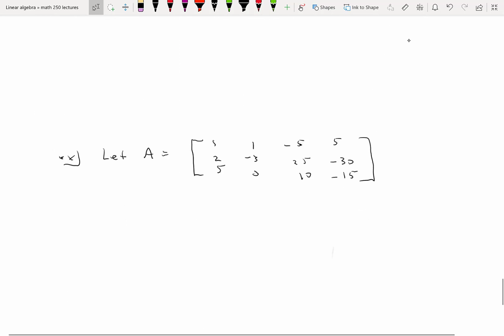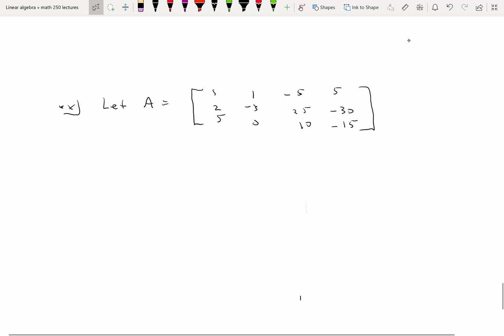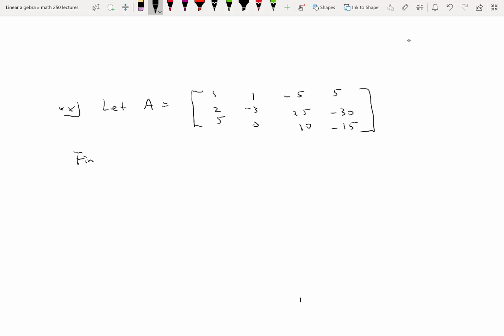For example, let A be the same matrix we had before, the same matrix we used to find the null space. The problem is to find a basis for the row space of A. Well, the row space of A is the subspace of Rn, the set of all 1 by n matrices with real entries, spanned by the rows of A. So the row space of A is the span of 3 vectors.